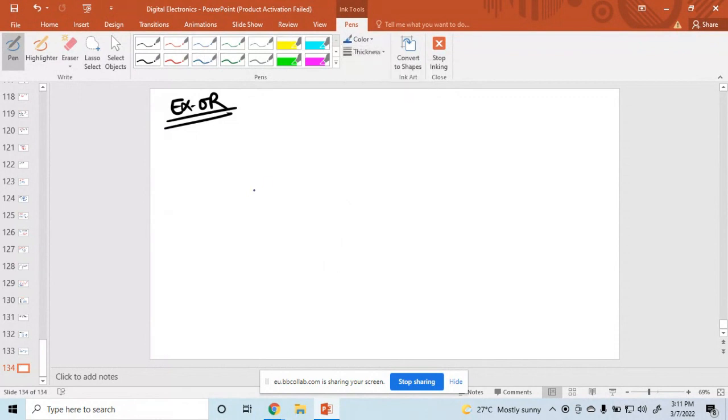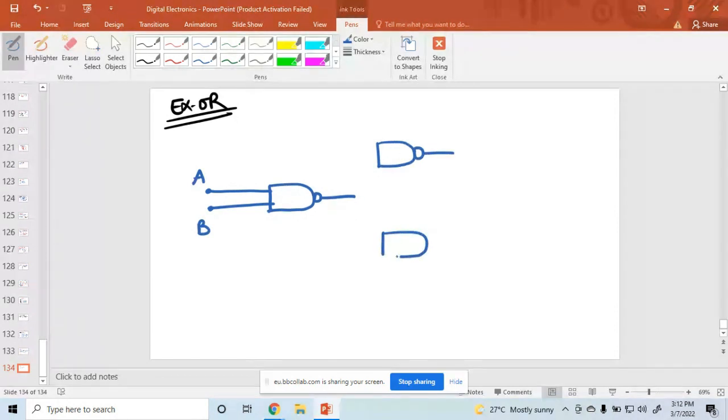Here I'm using one NAND gate, and one NAND gate, and suppose one input is A, and another input is B. This one is the NAND gate, and then its output. And again here you have used one NAND gate.